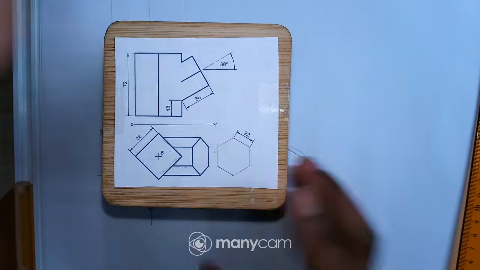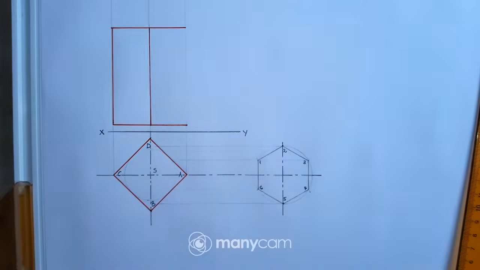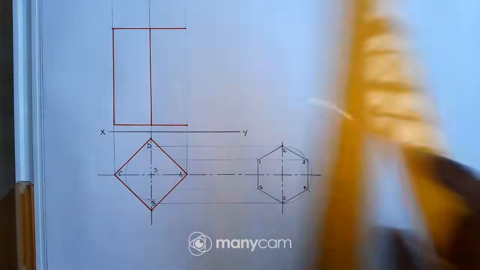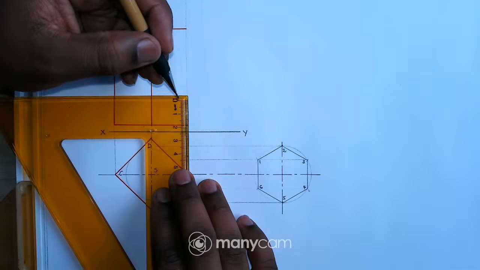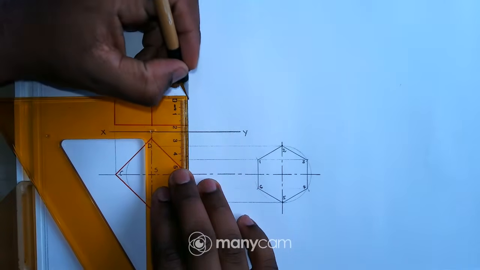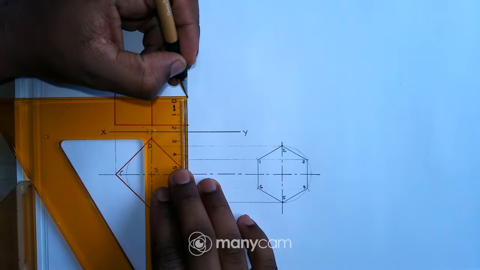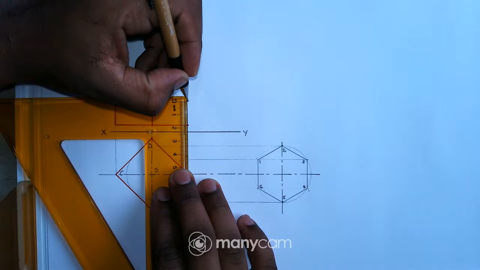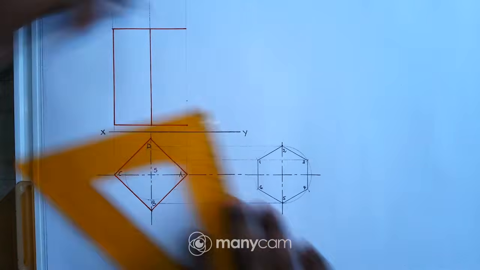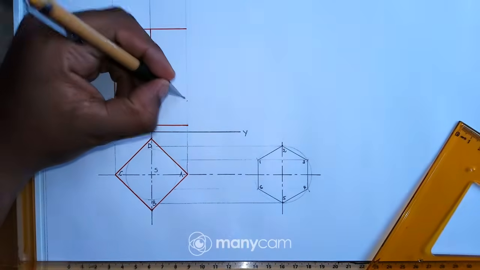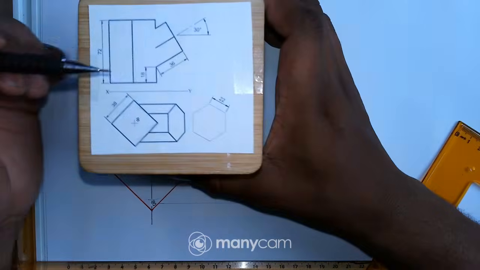So I'll just measure 18 from the base going up. So 18 is right there. Okay, so I have a point there. That point is this point, right?